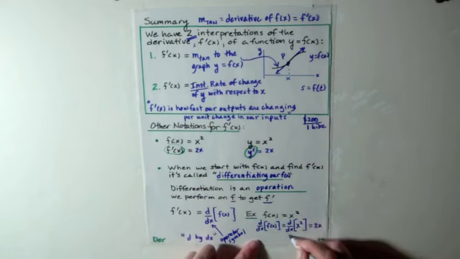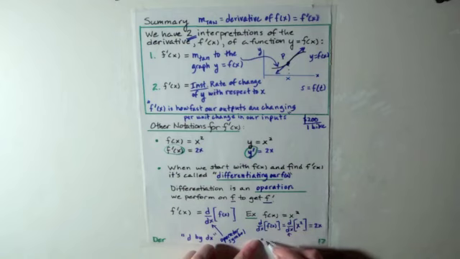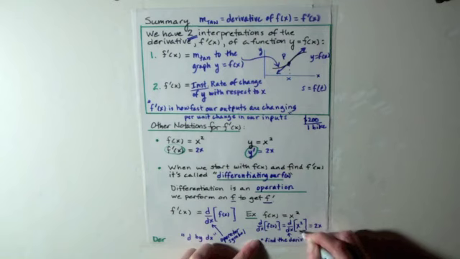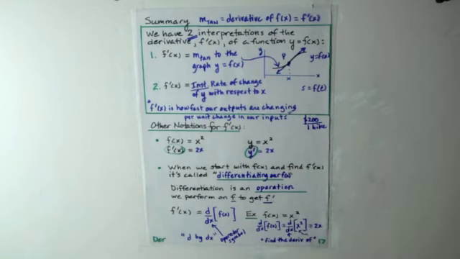So you can think of this little symbol here as meaning find the derivative of whatever ends up being inside the square brackets. Find the derivative of x squared, you go through the whole limit as h goes to 0 process, and you end up with the answer 2x.